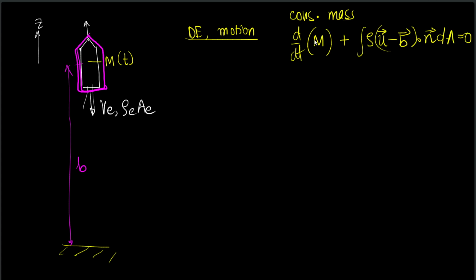Now b over here is the velocity in the z direction. So b vector is equal to b ez, while the velocity at this particular control surface relative to the control volume is actually equal to u minus b, right?